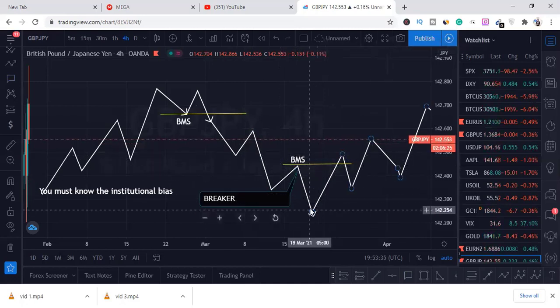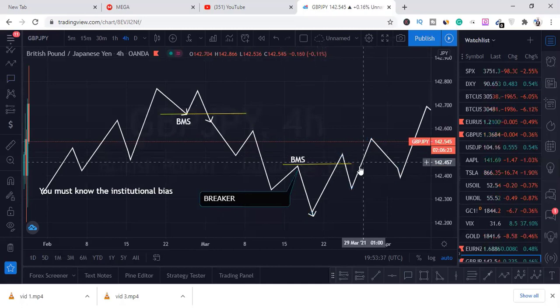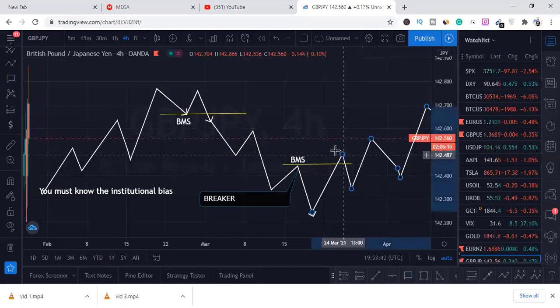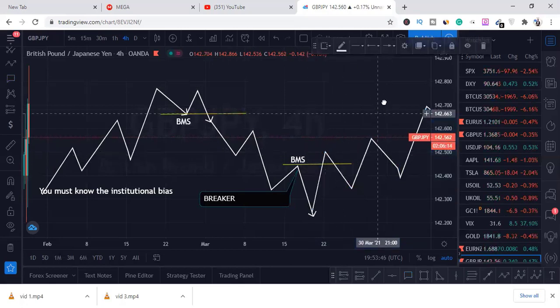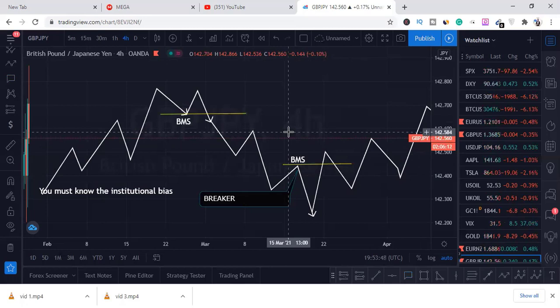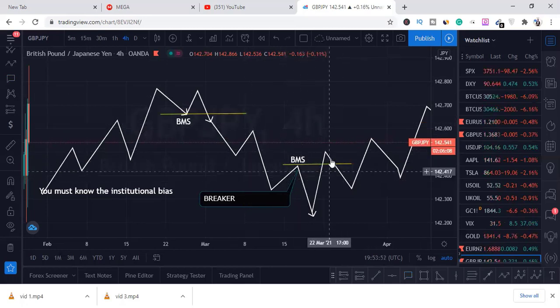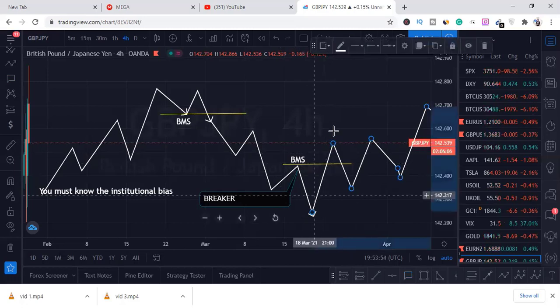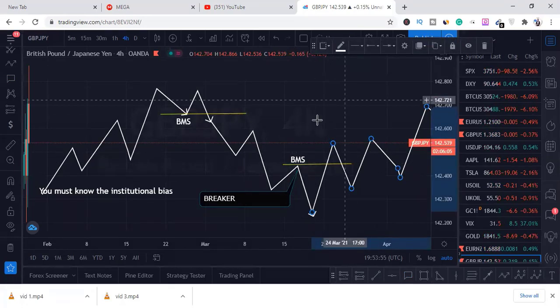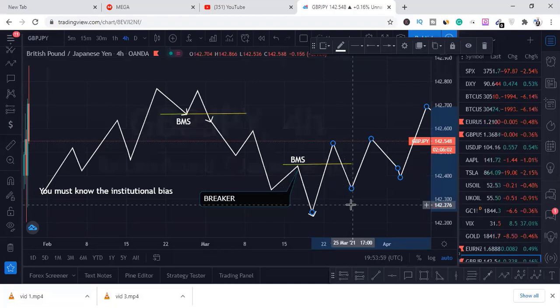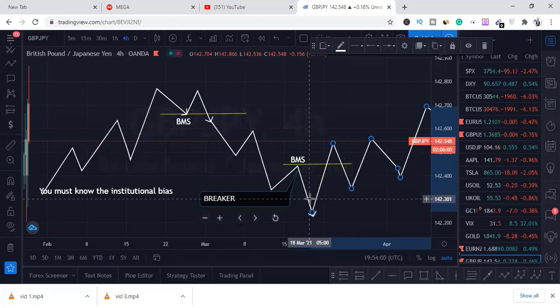You will see that price will always move above it. For you to enter safely, it's better that you wait for price to rally up. Now that you know the institutional order flow, it is safer for you to allow price to move above it and come back to retest the order block.